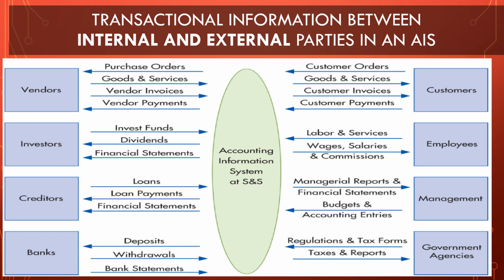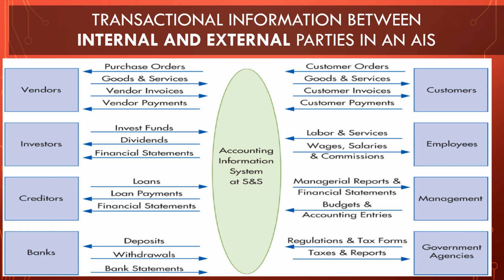For sure, when we talk about vendors, we have purchase orders. The accounting information system cares about the information flowing out to the vendors, and also when the vendors or suppliers send the items or raw materials to the company, we care about the details and information about goods and services and so on.